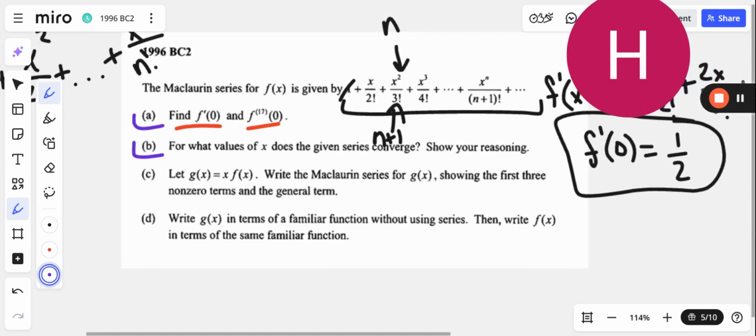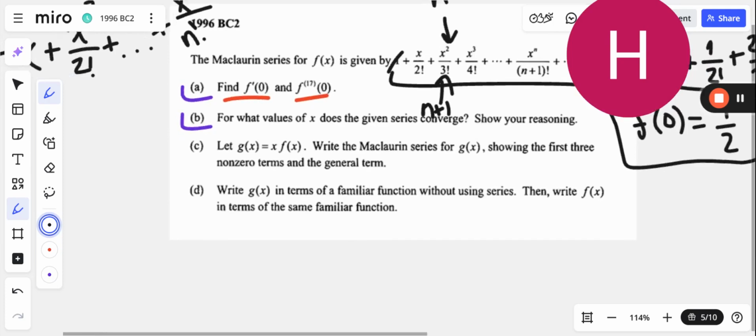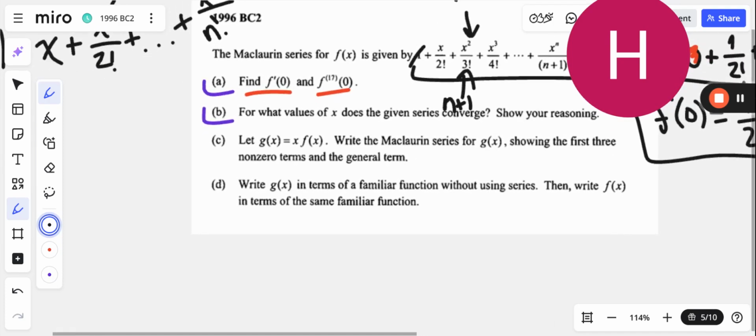Part B, for what values of x does the series converge? Well, first of all, we should maybe write the series out, as n goes from 0 to infinity of x to the n over n factorial.